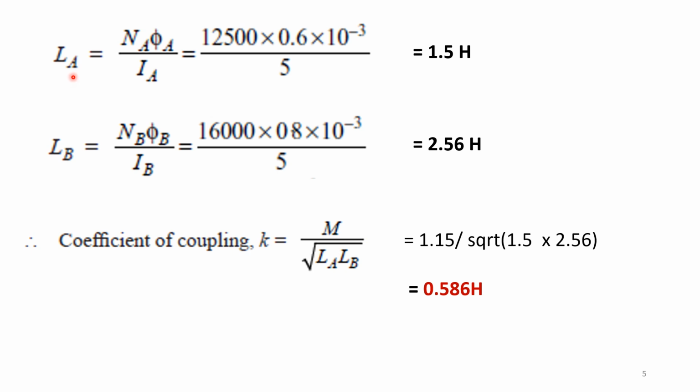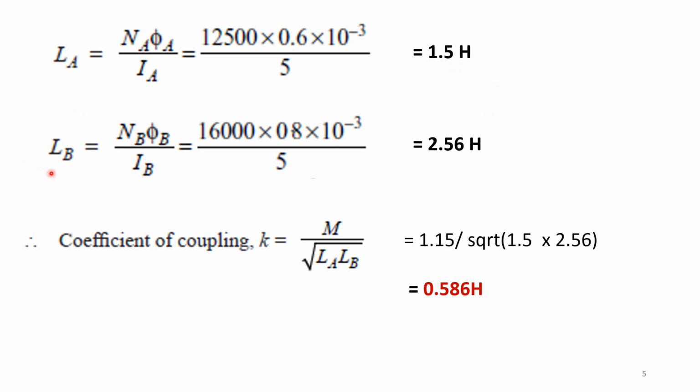And the self-inductance of coil A, LA, with the formula Na phi A divided by Ia. As per the given data in the problem statement, we are substituting the values 12,500 into 0.6 milliweber, converted into Weber, 10 power minus 3, divided by current 5 amps. The answer after simplification is 1.5 Henry.